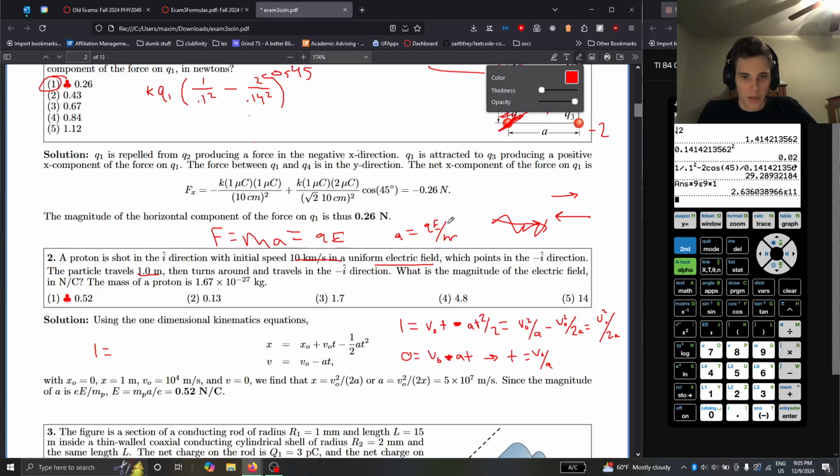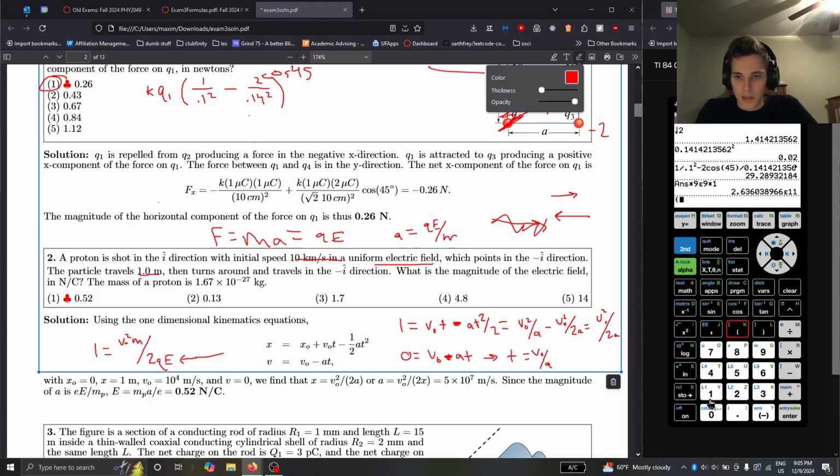And then here we can plug in this formula. So v naught squared times m is equal to 2 times q times e. All right, let's plug that in and see what we get. We're solving for this e here, so we'll put that to the other side.